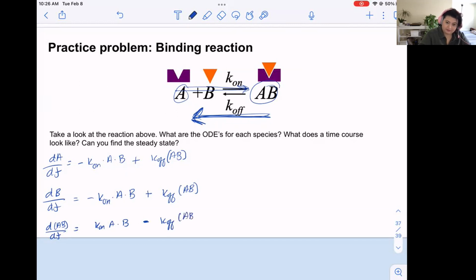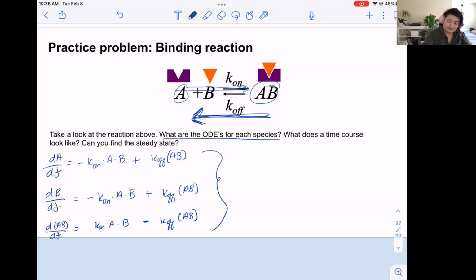This is AB. So this would be our set of ODEs. So that's this part. Now, what does the time course look like? And if so, can we find a time course? I'm sorry, can we find a steady state?